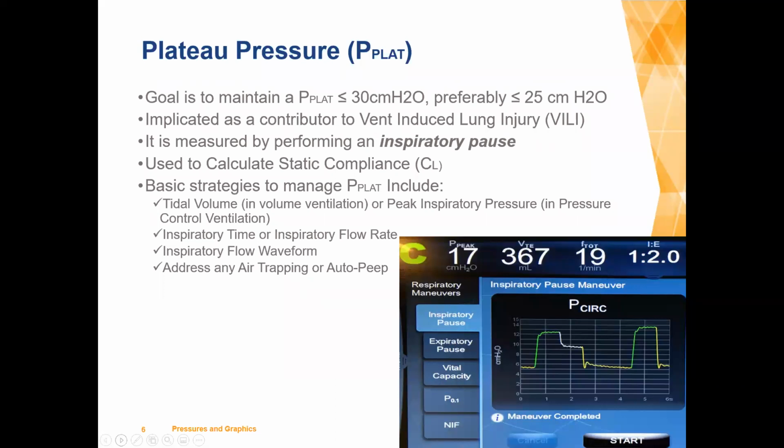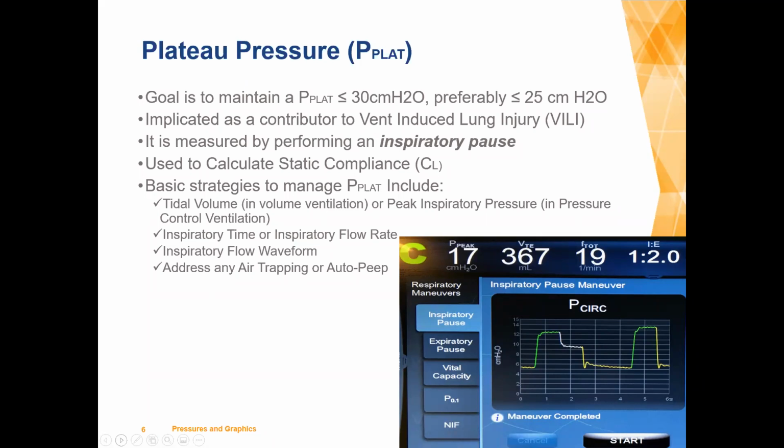Plateau pressures, so per ARDSNet, the goal is to maintain a plateau pressure equal to or less than 30 centimeters, preferably equal to or less than 25. Now, not just for our ARDS patients, but even our COVID patients, whether it's non-COVID ARDS or COVID, in some cases it was simply not practical or possible to achieve a plateau pressure of less than 30.